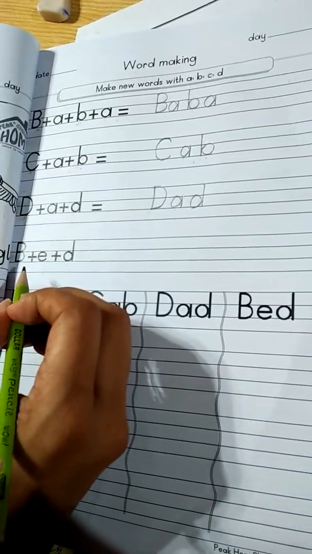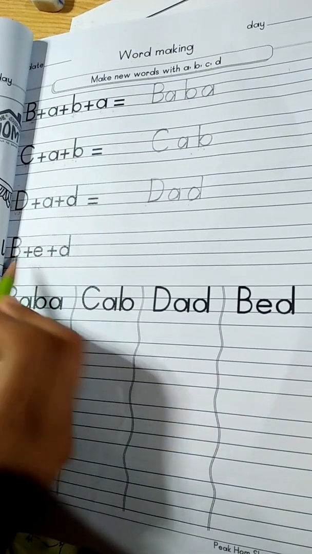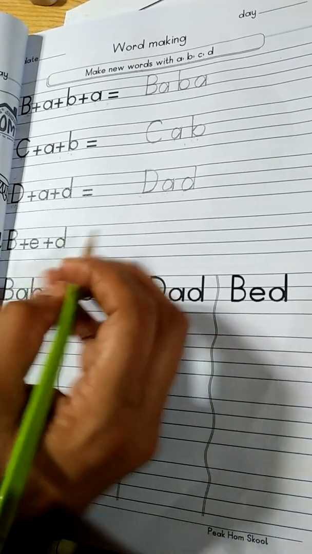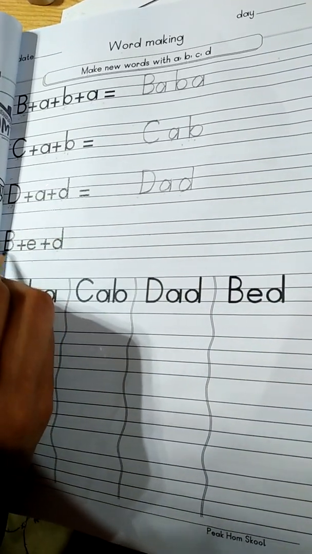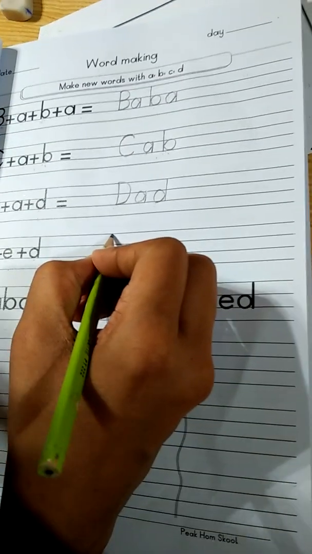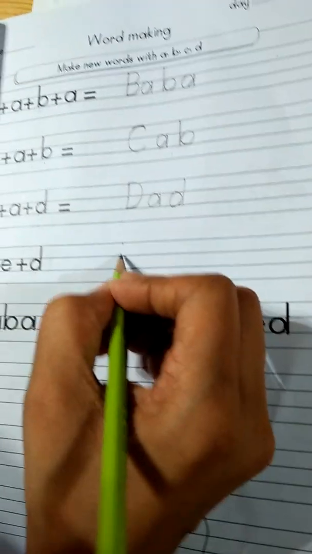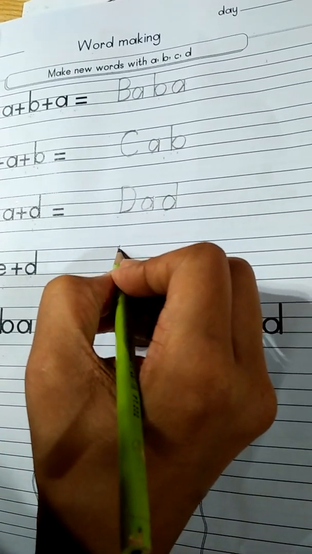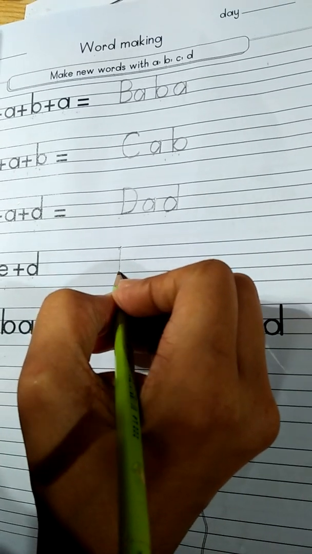Okay, the next word is, this is capital B, E, small e and small d. Now we write here and read this word with phonics. For capital B, we use upper three lines. Start from first line, put the pencil here and go down straight.